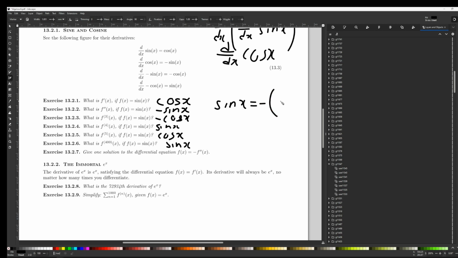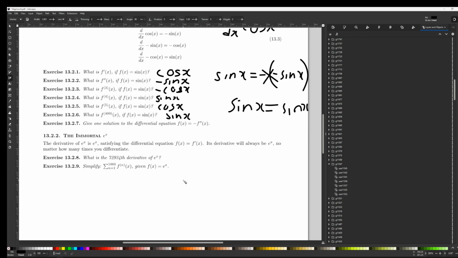The second derivative of sine is negative sine, so negative of that is negative negative sine x. The two negatives cancel out, and we have sine of x equal to sine x, which is a true statement. That means sine of x is indeed a solution to f of x equals negative f double prime of x.